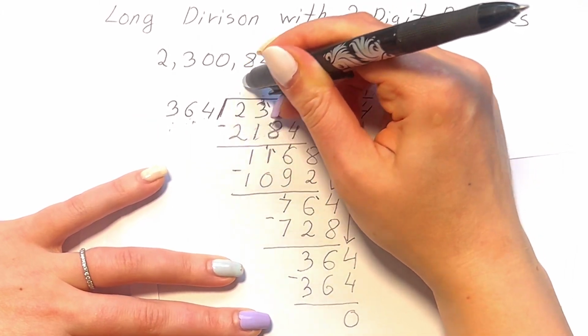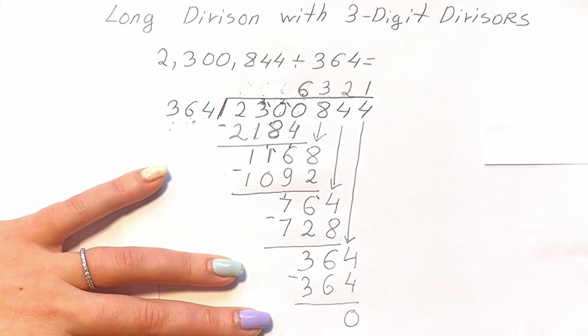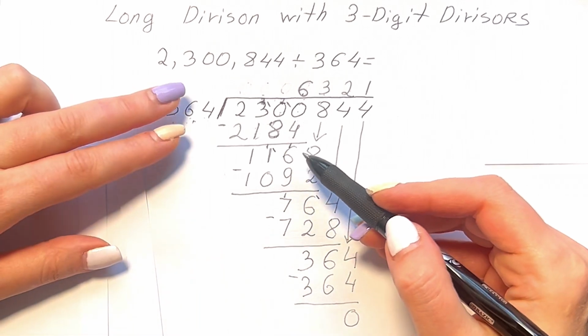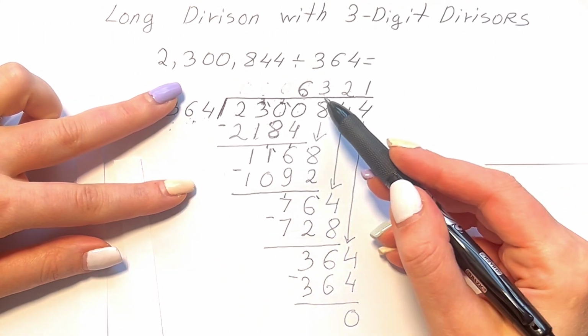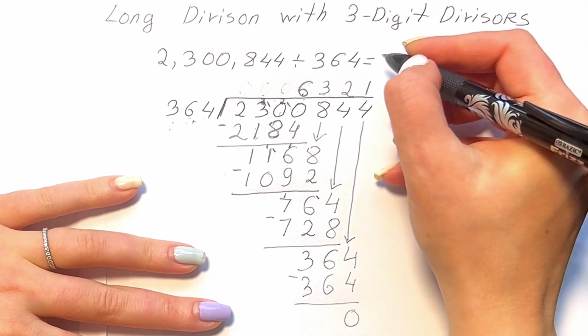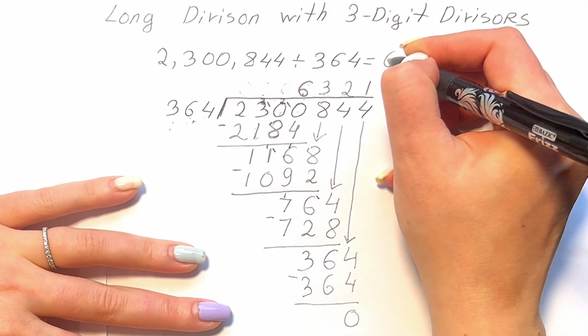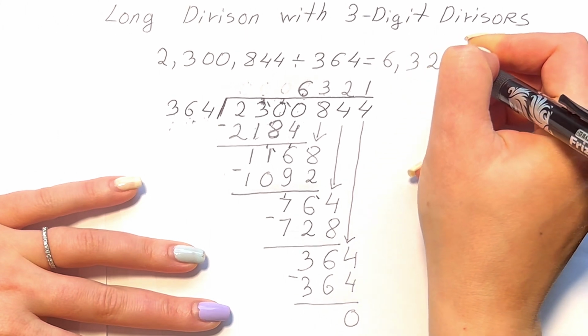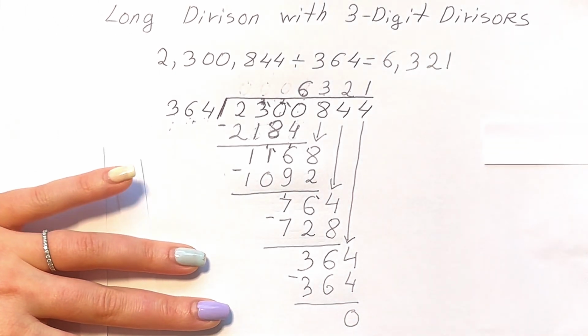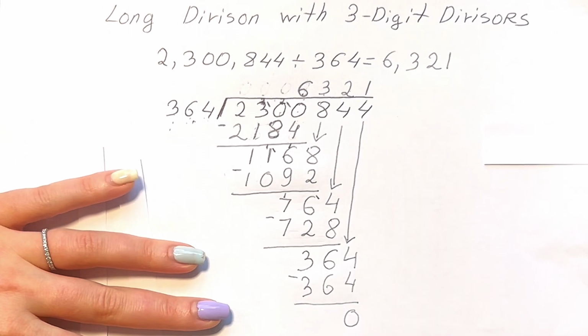Voila! So 2,300,844 divided by 364 is equal to 6,321. Thanks for watching. See you next time.